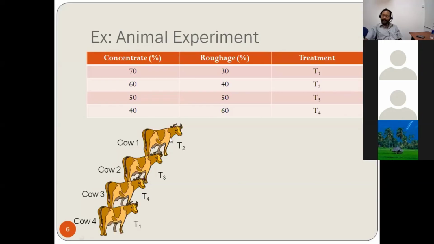So cow 1 is one experimental unit because it is receiving a unique treatment. Cow 2 is another experimental unit, cow 3 another, and cow 4 another. Each of these cows is called an experimental unit.